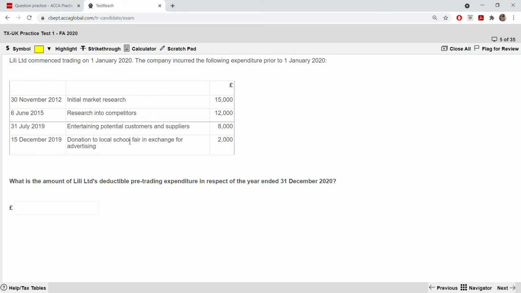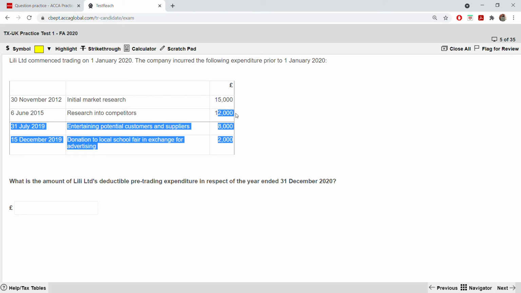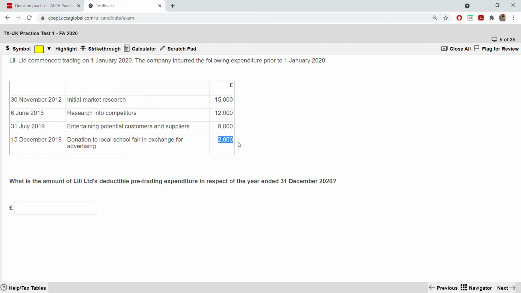Lily can deduct the research into competitors incurred on 6th June, this 12,000, and the donation to the local school, this 2,000. You have to know what the deductions are. This is based on that I'm saying. If you're asking me why this and this, you have to go through the list of deductible pre-trading expenditure.